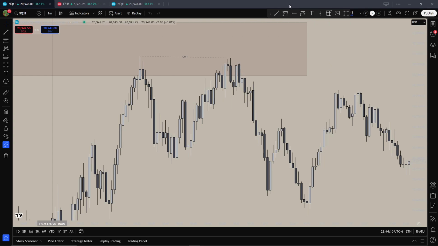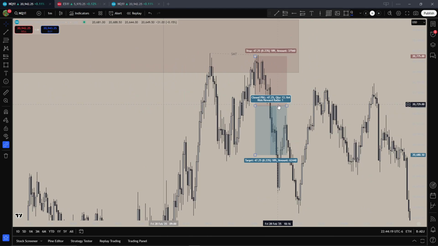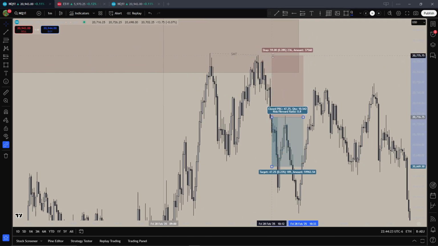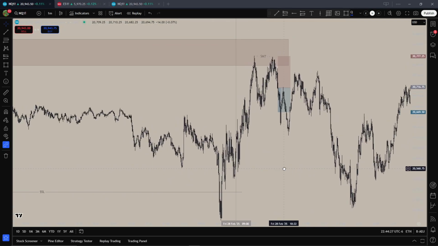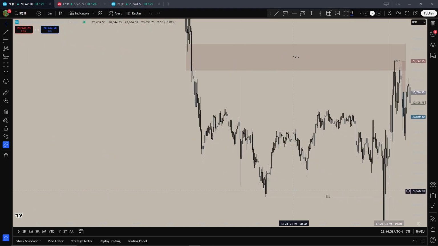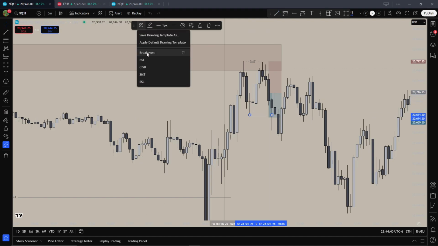So I took shorts, with the stop above the high of this candle, targeting the lows here, and break even.